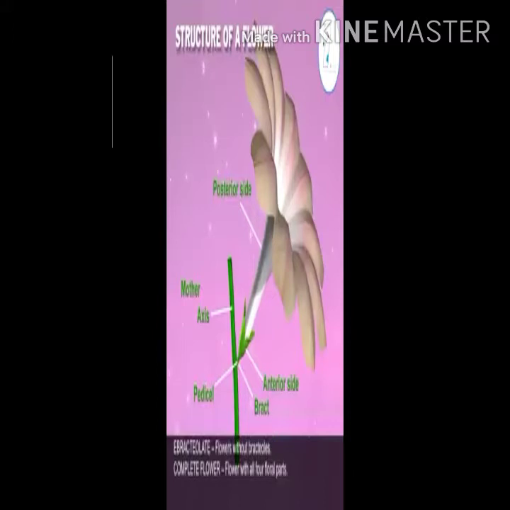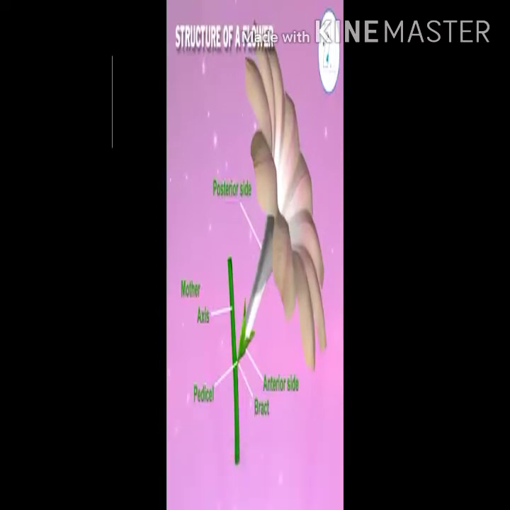Abracteolate: flowers without bracteoles. Complete flower: flower with all 4 floral parts. Incomplete flower: flower in which any one of the parts is absent. Sexuality of the flower. Bisexual flower: flower with both androecium and gynoecium.